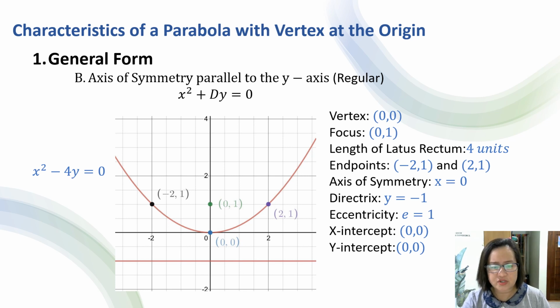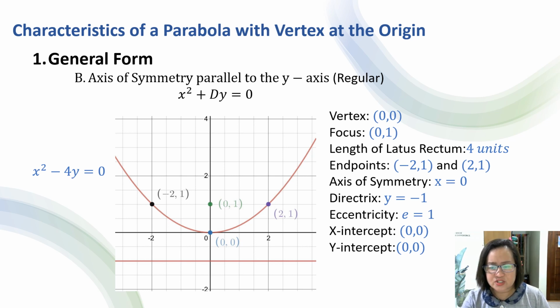The endpoints of the latus rectum are at (-2, 1) and (2, 1). Getting the difference between the abscissas of the endpoints, we would be able to get the length of the latus rectum, which is 4 units.